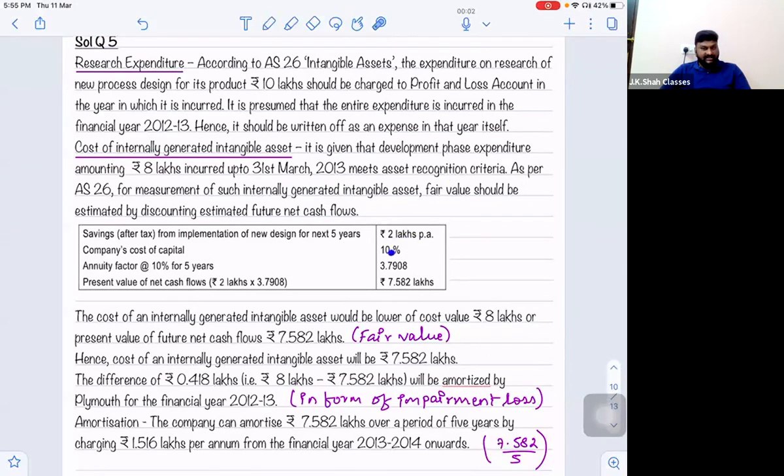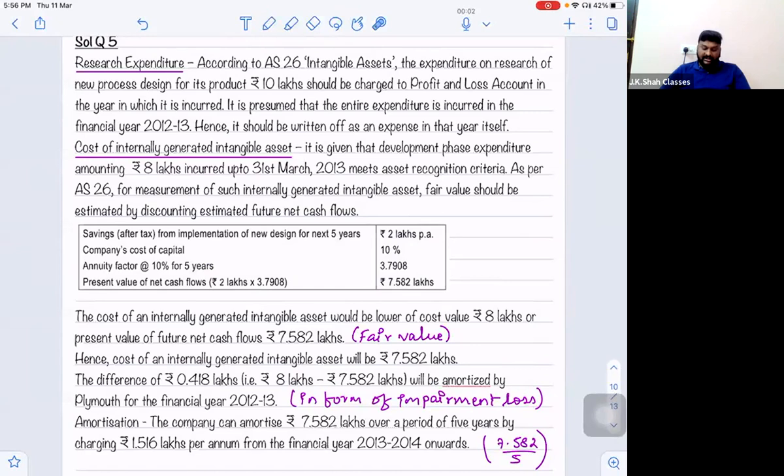The company's cost of capital is 10%, and the annuity factor, the cumulative discounting rate at 10% for 5 years, is also given in the question as 3.7908. So the present value of net cash flows will be 2 lakhs multiplied by 3.7908. So the total value is 7,58,200.